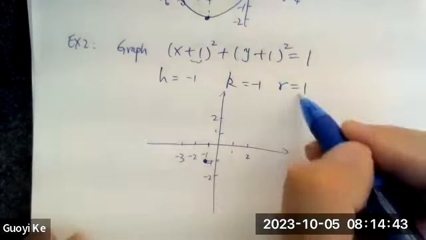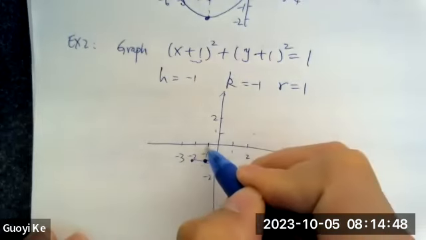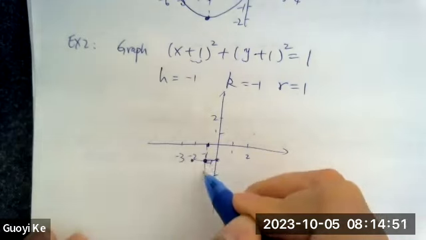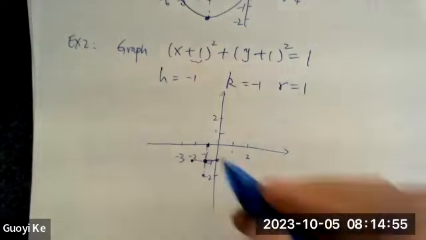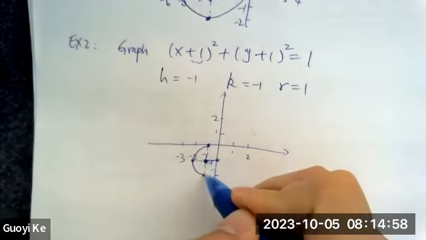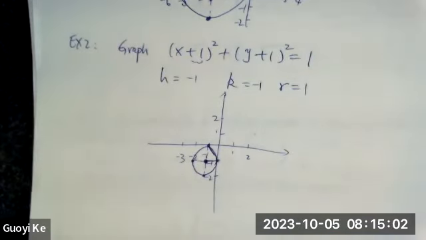Forward 1 unit is here, backward 1 unit is here, upward 1 unit should be here, downward 1 unit is here. You find 4 points, you connect all of them. That's the circle. So that's one very tough thing we needed to understand.